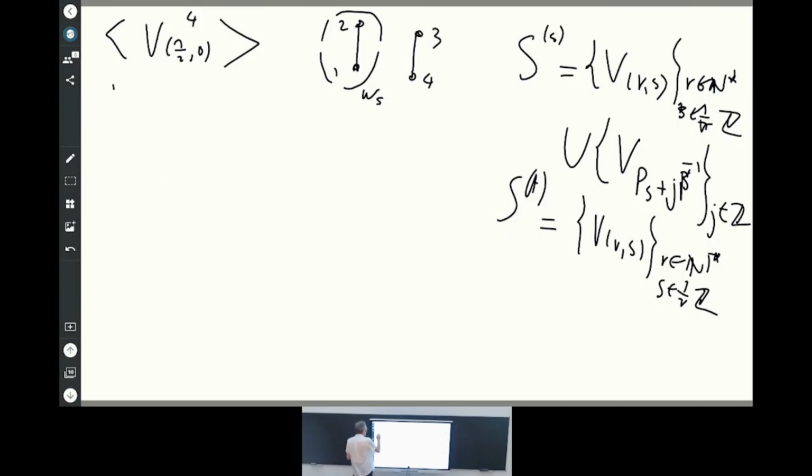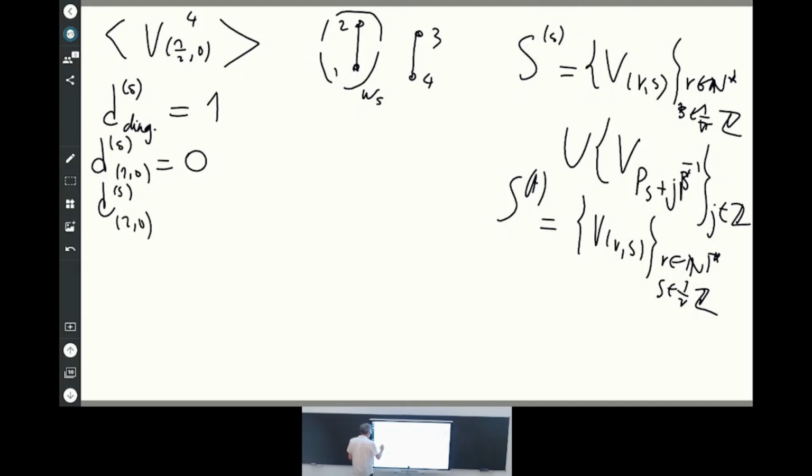So you find D_S for a diagonal field here, so that's 1, that's our normalization condition. You find D_S(1,0) equals 0. D_S(2,0) equals n squared minus 4. D_S(2,1) equals minus (n squared minus 4).